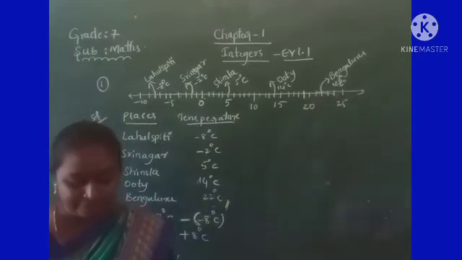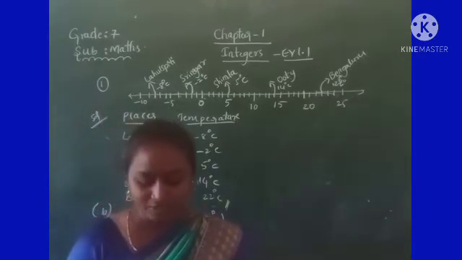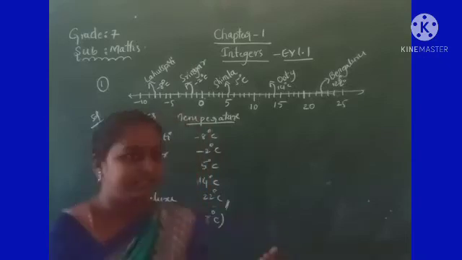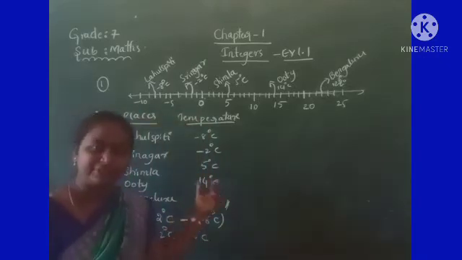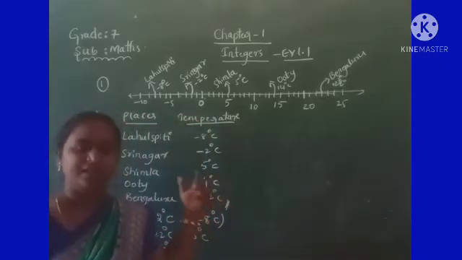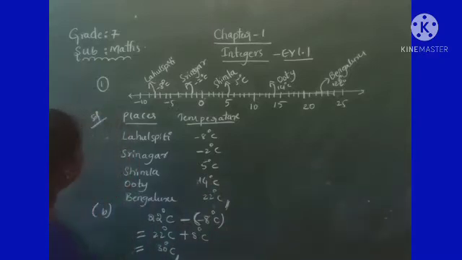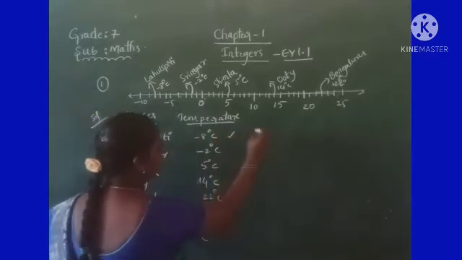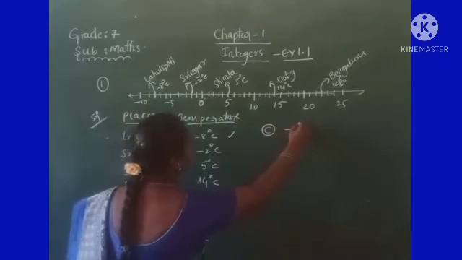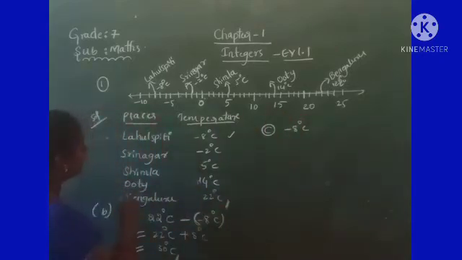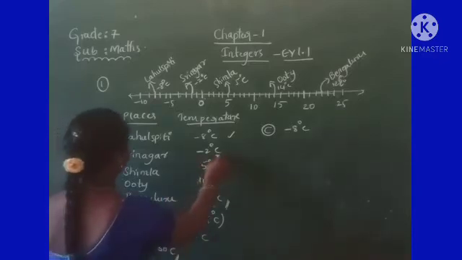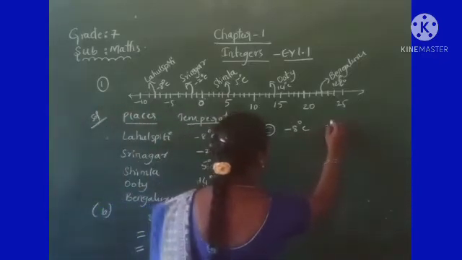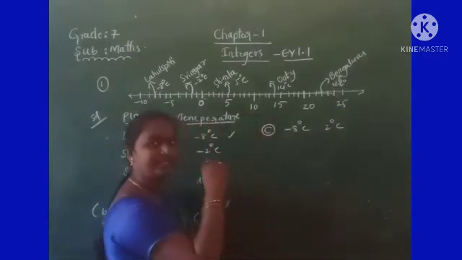Third one. What is the temperature difference between Lahul Spiti and Srinagar? Here also the same. What is the temperature of Lahul Spiti? Minus 8 degrees Celsius. And the other place they ask is Srinagar, the temperature is minus 2 degrees Celsius. What do they ask?